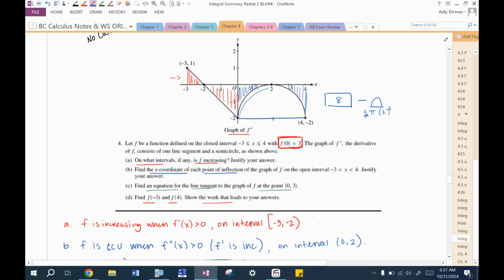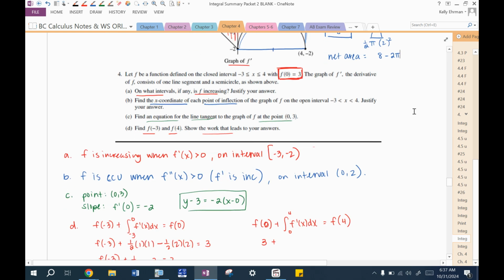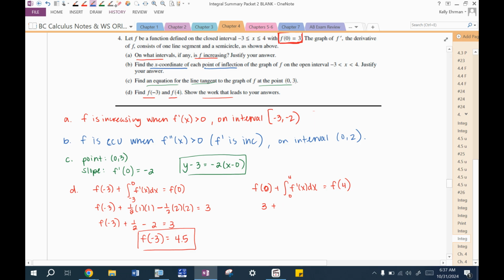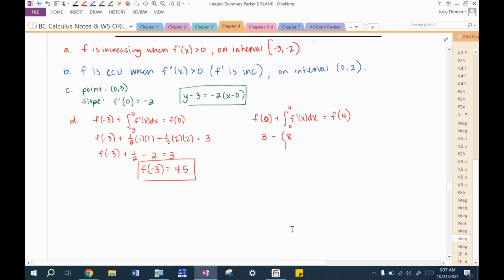So the net area here is equal to 8 minus 2 pi. But again, remember that I just made these positive areas. This is going to be negative. So subtract 8 minus 2 pi.